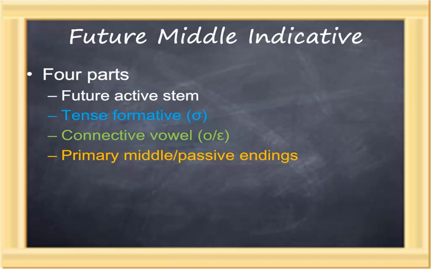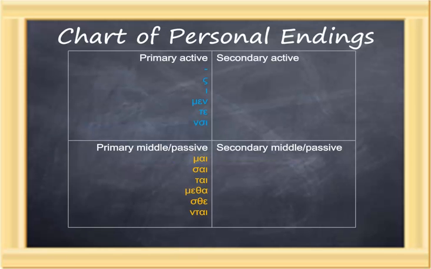And since all of the middles that we know so far are deponent, we're actually getting forms with middle endings but active meanings. Again, the difference between the future active and the future middle is the use of the primary middle passive endings.